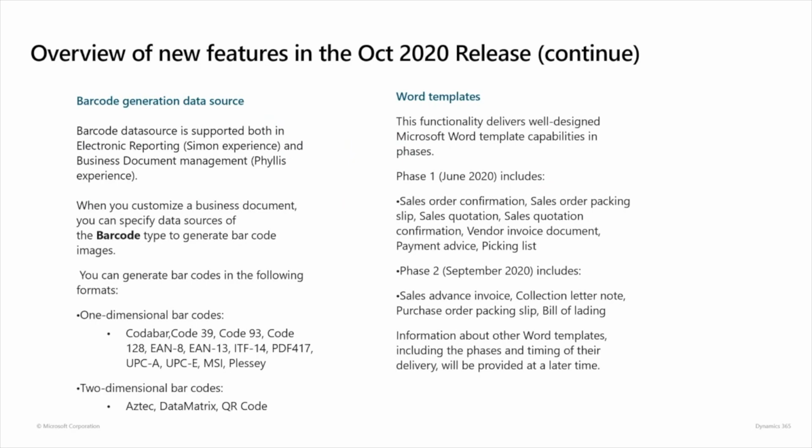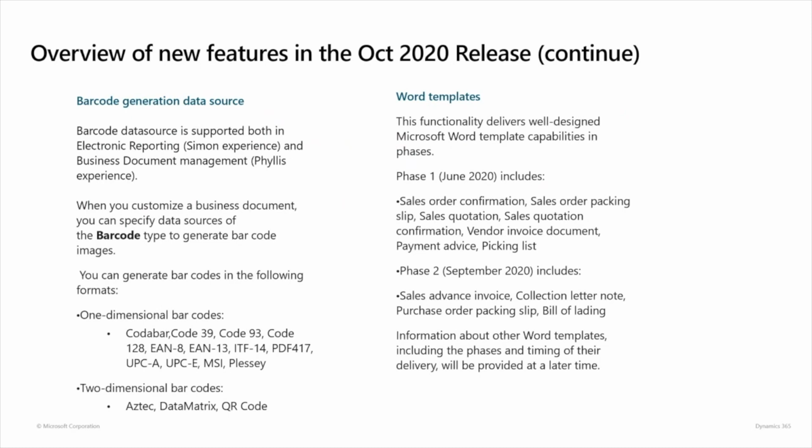Also, like in electronic reporting, we support both Excel and Word as a template for business documents. But in the content from Microsoft, we have released Excel templates for all the documents which are supported in print management. And we heard that in many cases, depending on your scenario and your document, Word can be a better tool.